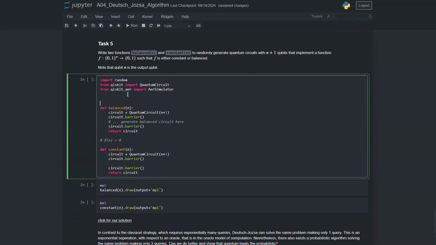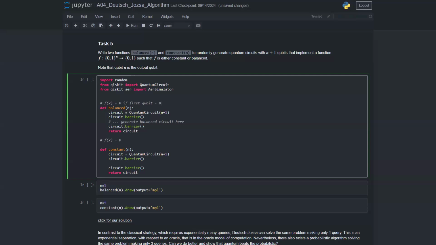But now the other option, where f of x is equal to 0 if x0, so the first qubit, will be equal to 0.